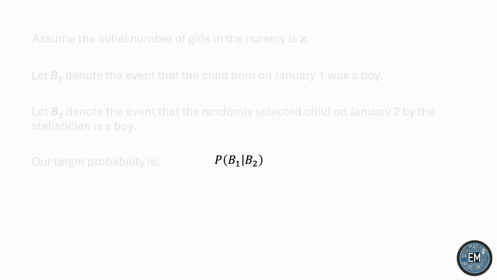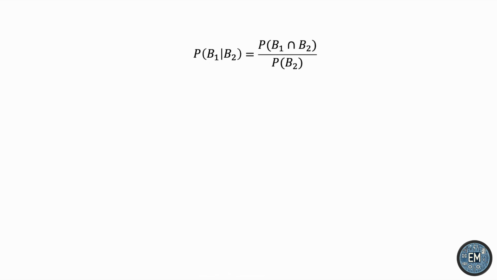Now, conditional probability is the probability of the intersection divided by the probability of the condition. So let's find the numerator and denominator and then divide them to get our target probability. Starting with the numerator, we'll use Bayes' theorem to invert this intersection because the intersection is commutative.